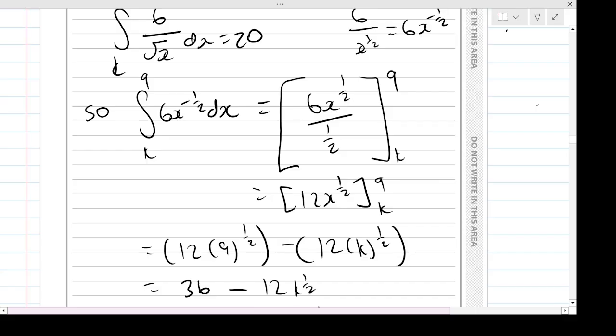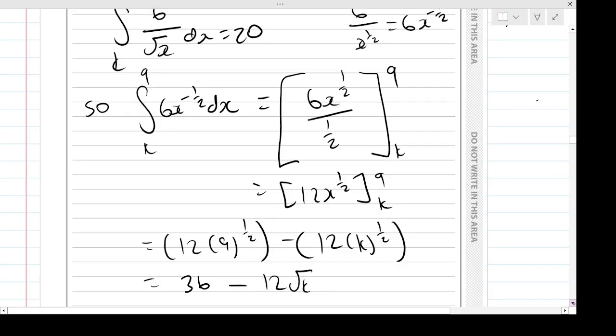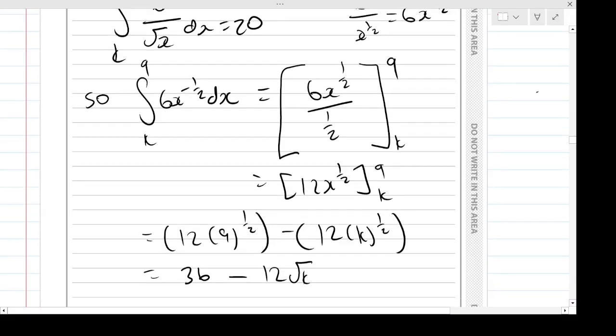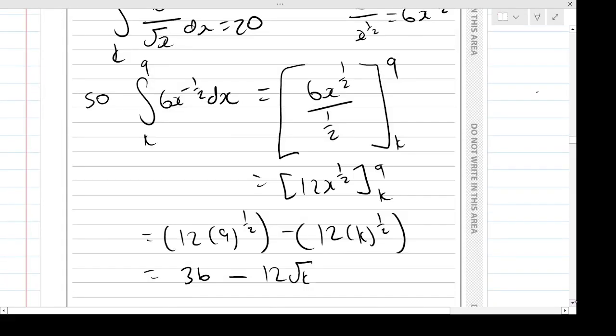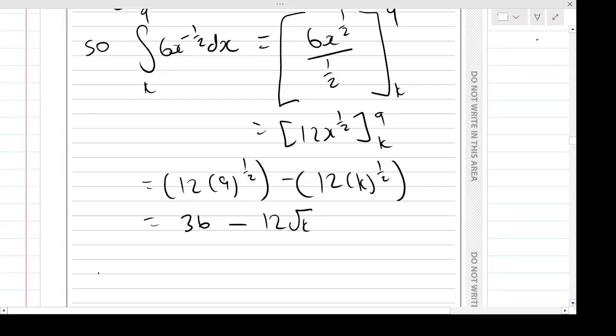But actually I recognise that k to a half, anything to a half is just the root, right? So it's going to be root k, the square root, okay? So that's my final answer. And I'm told that this whole integral equals 20. So therefore I can say that 36 minus 12 root k is indeed 20.